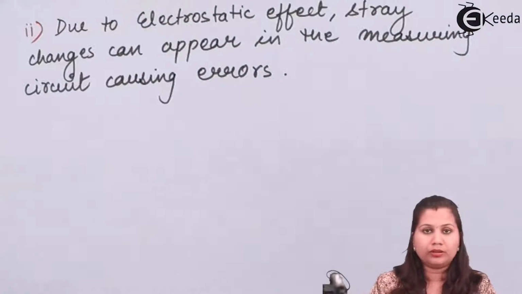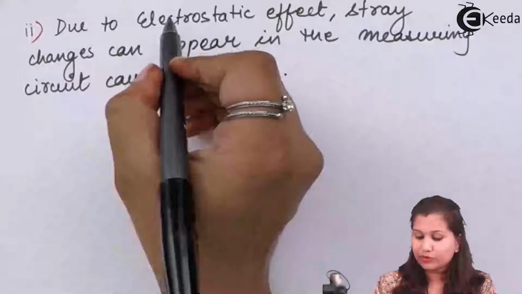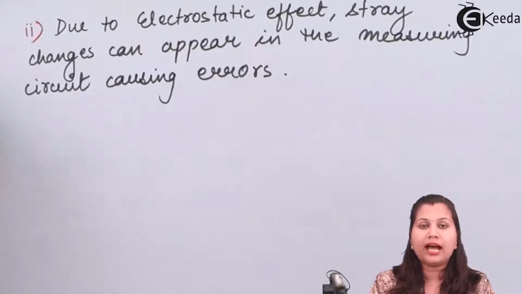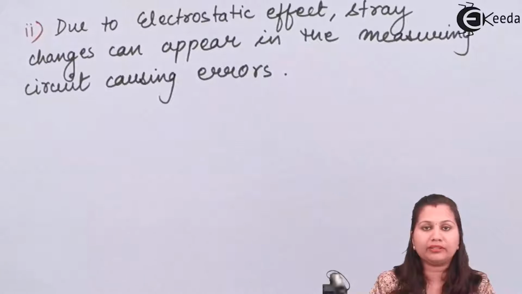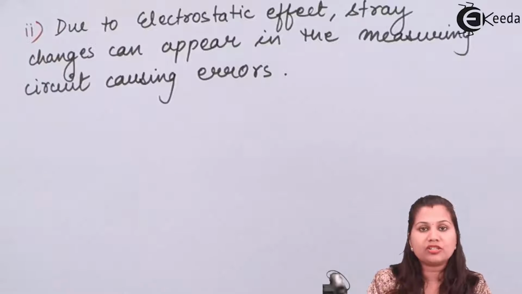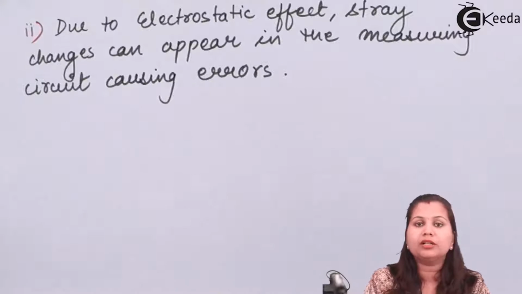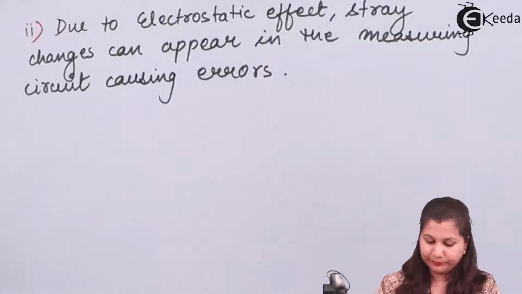Due to that high resistance, electrostatic effects will be generated, and due to those electrostatic effects, changes can appear in the measuring circuit, and those changes can affect the value of the measured resistance.